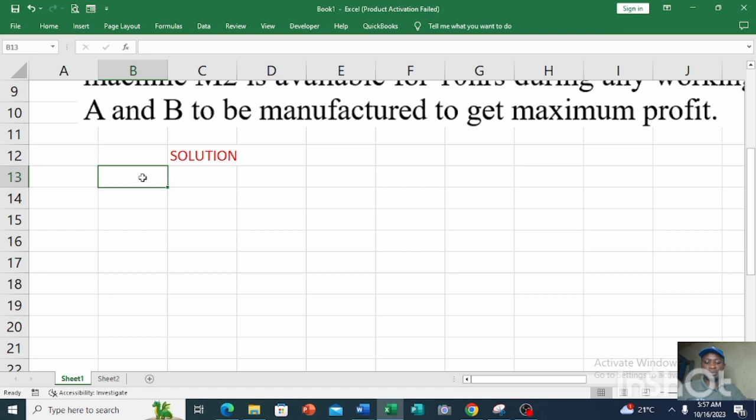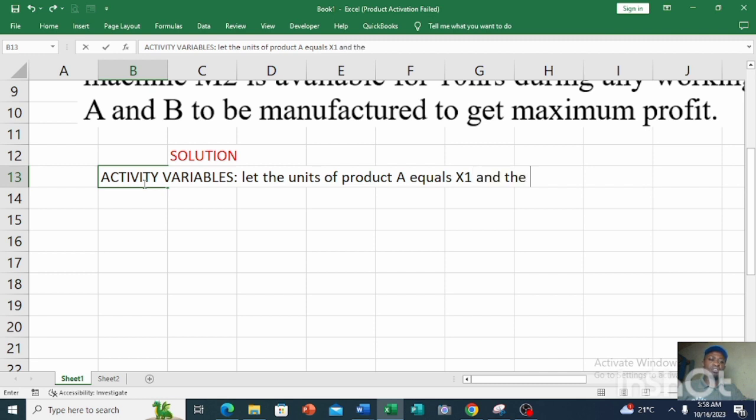Since we are dealing with product A and product B, let the units of product A equal x1 and that of B equal x2.